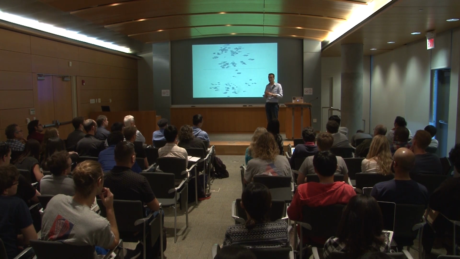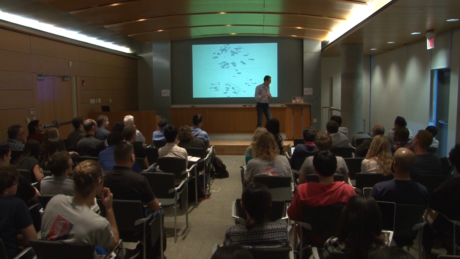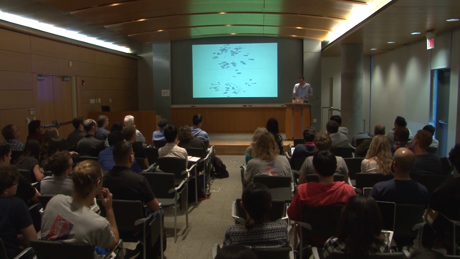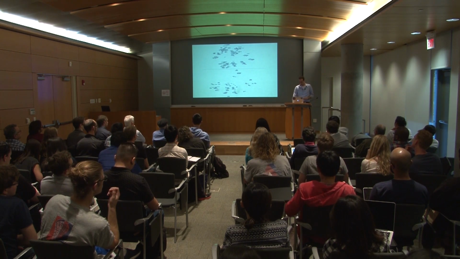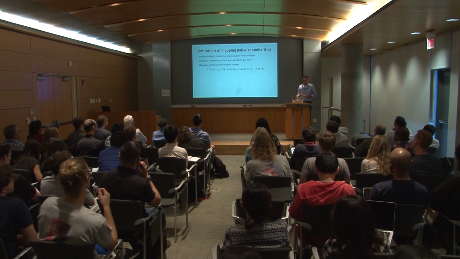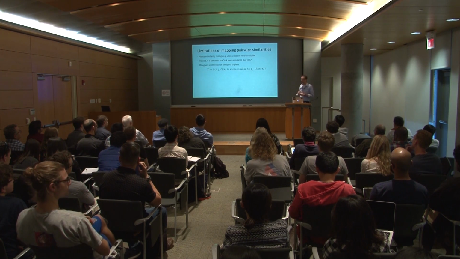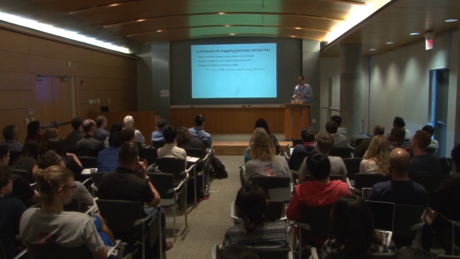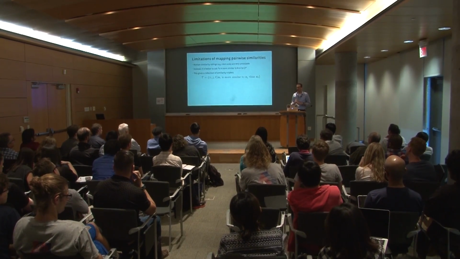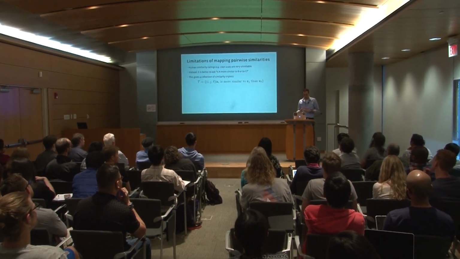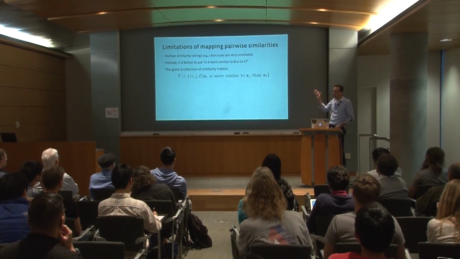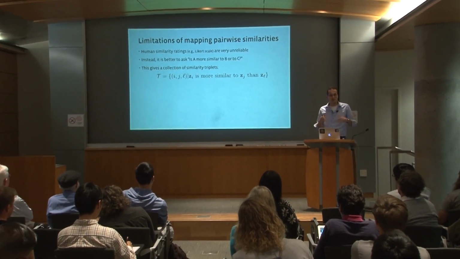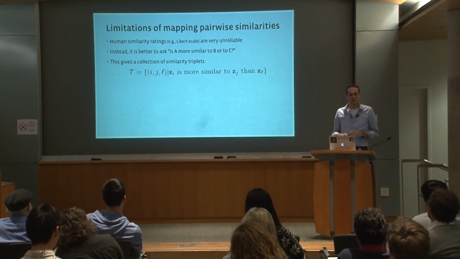Any other questions? Okay. So one last thing I wanted to show, because this is stuff that people at UCSD here have also worked on, in particular Gert Lanckriet and Serge Belongie, is the problem of visualizing things like human similarity ratings.